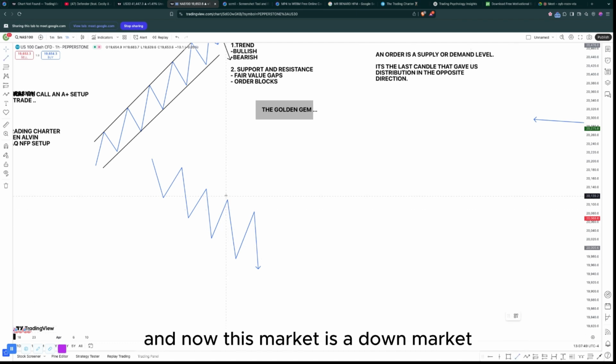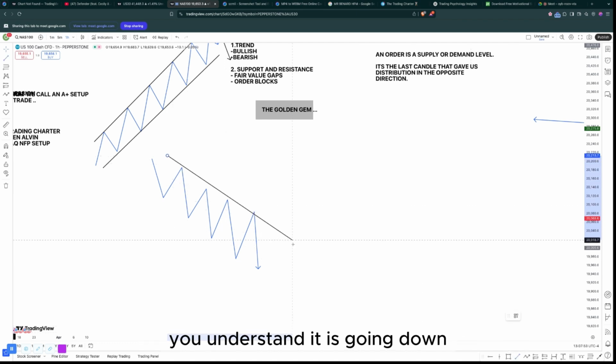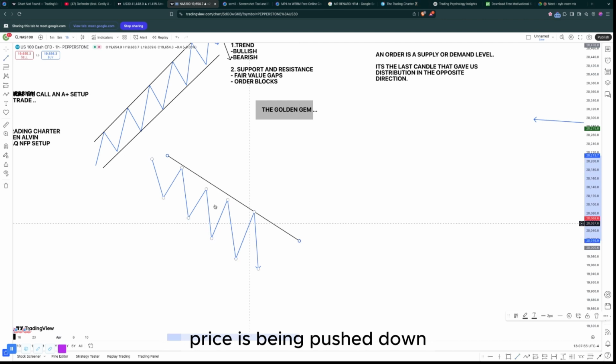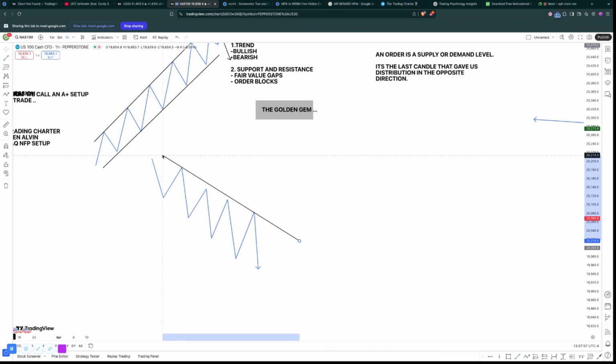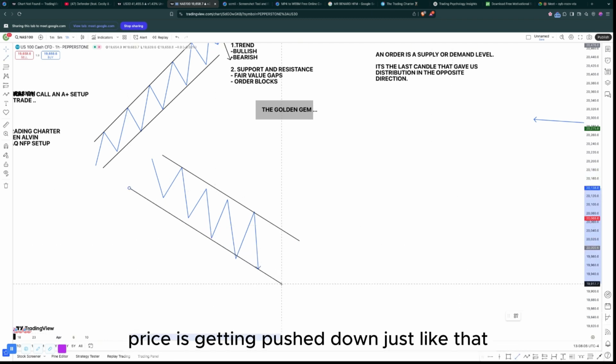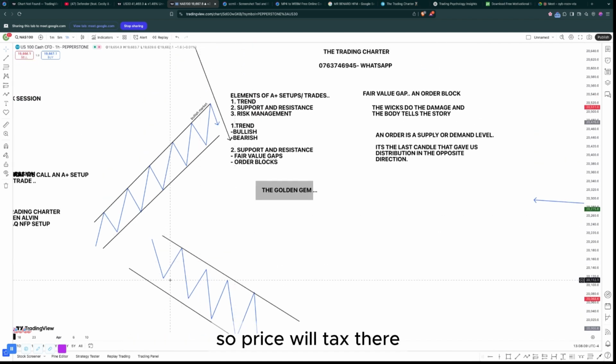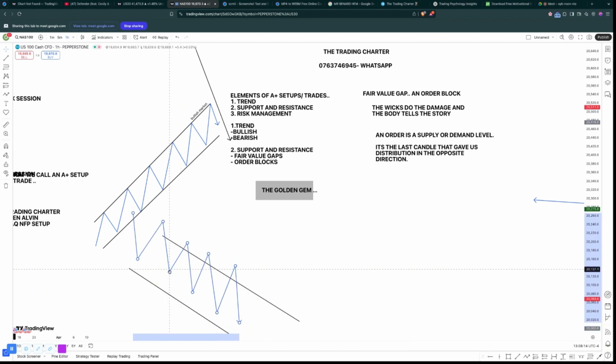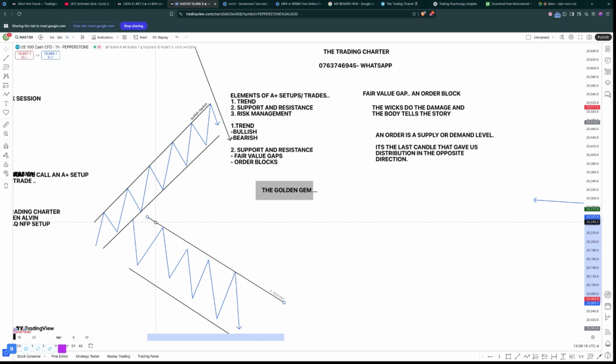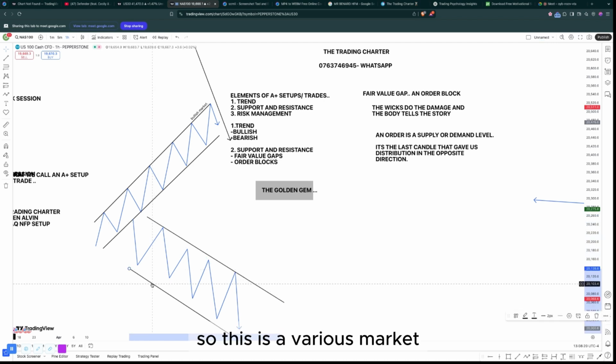And now this market is a down market. You understand? It is going down. Price is being pushed down. Price is getting pushed down, just like that. So price will touch there. So this is a bearish market.